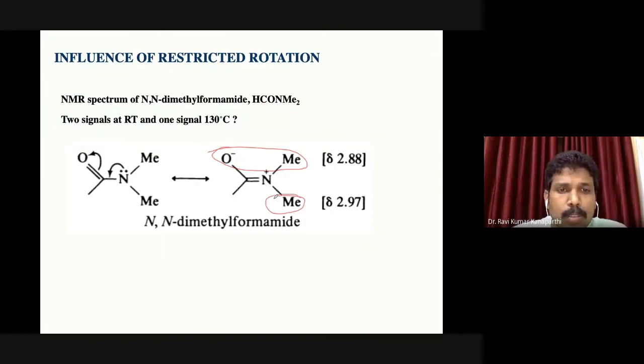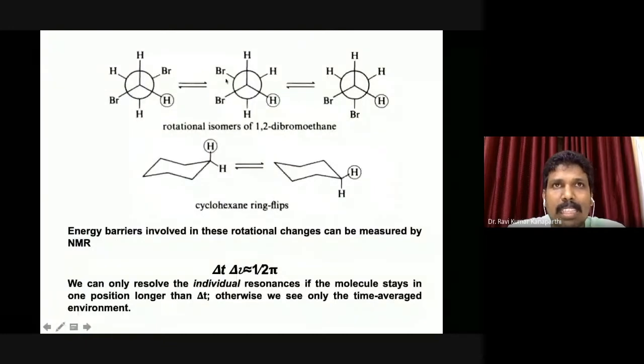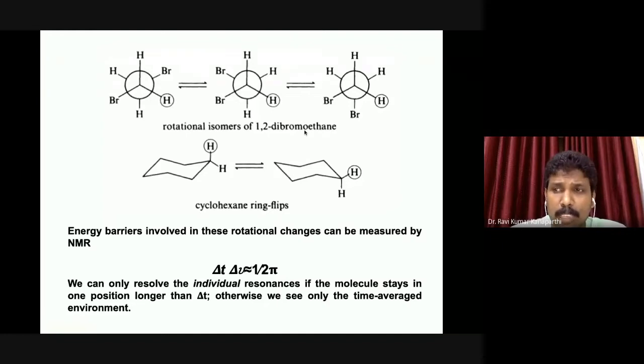This kind of restricted rotation is also seen in a couple of other molecules. For example, the 1,2-dibromoethane molecule. The chemical formula of 1,2-dibromoethane is BrCH2CH2Br, right? You have an ethane molecule and one hydrogen on each carbon atom is replaced with a bromine, so we have dibromoethane.